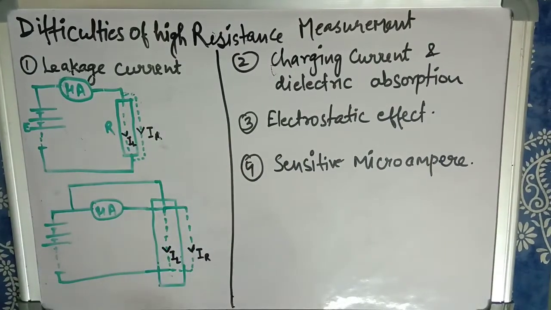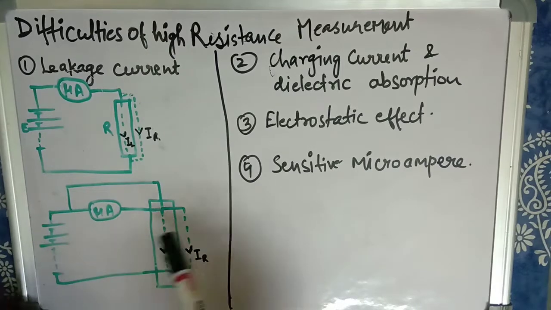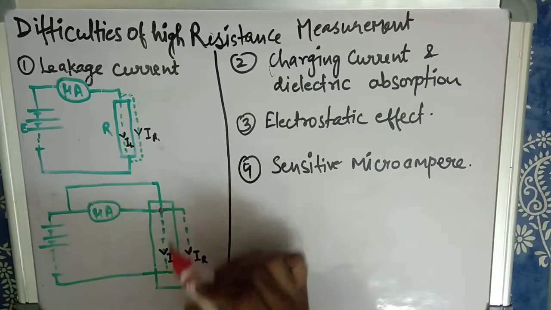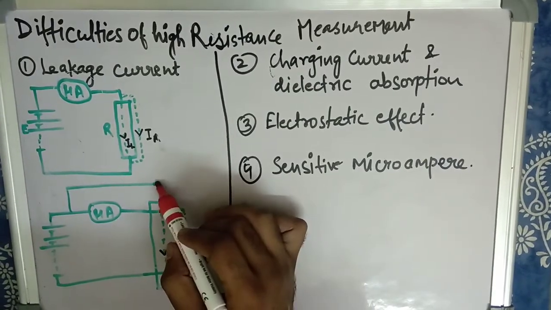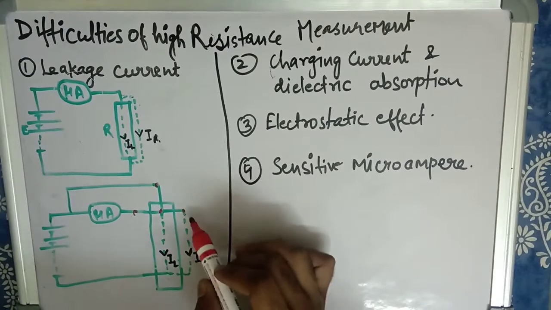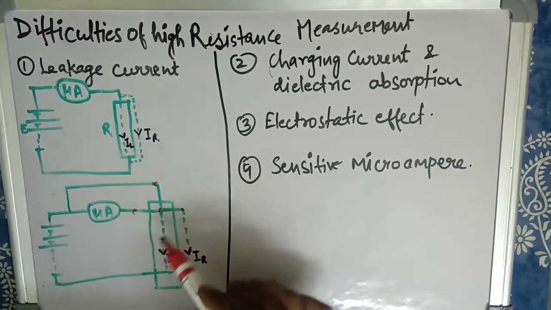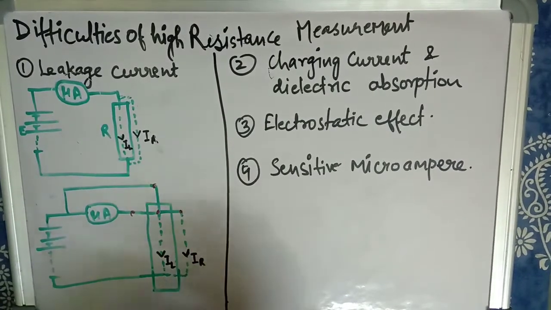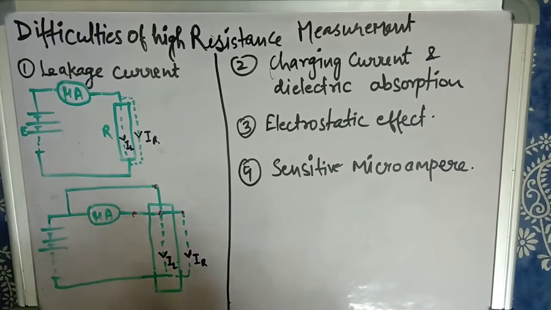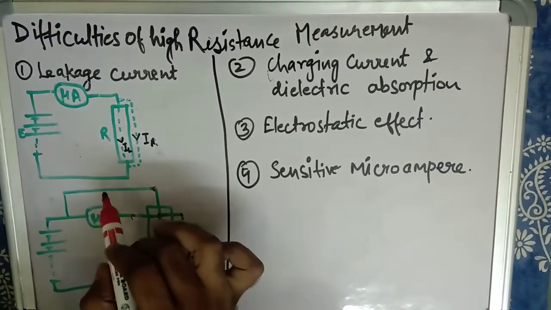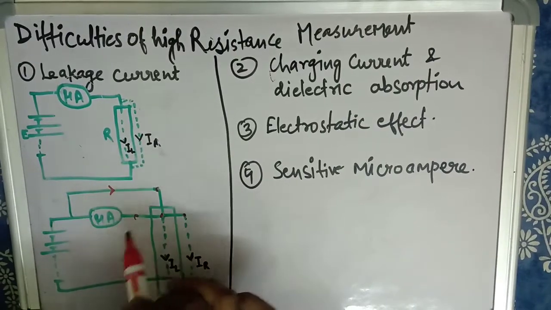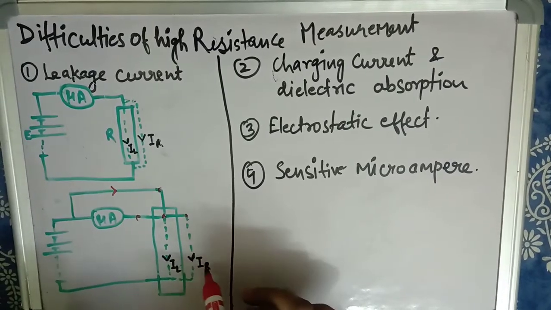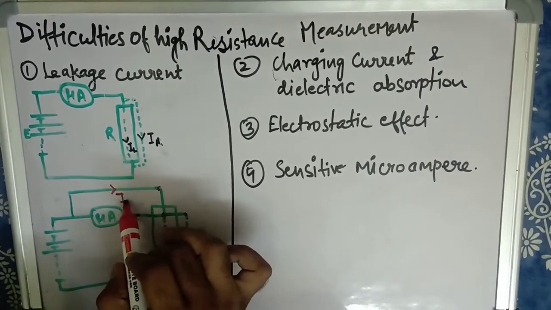To remove this problem, we use a three terminal resistance. This is our first terminal, then this is second, and this is third. So this is a three terminal resistance, and this is known as the guard wire. When you apply a voltage here and some current flows through this branch and meets the required leakage current, we term this IC.